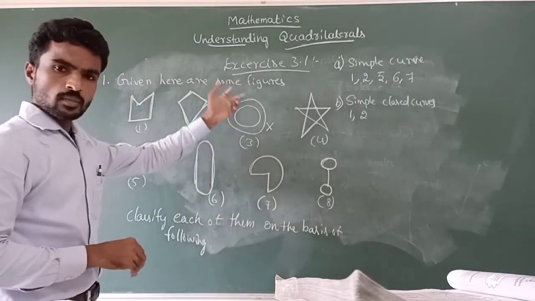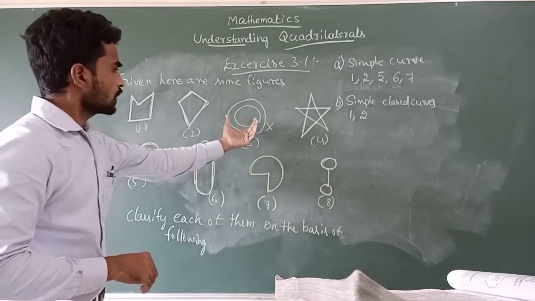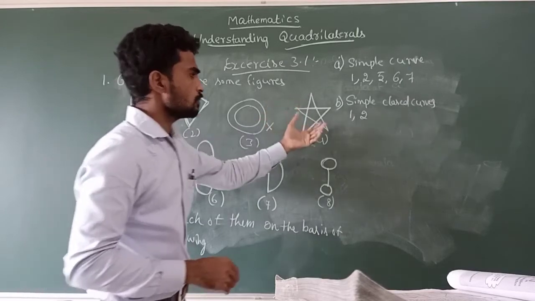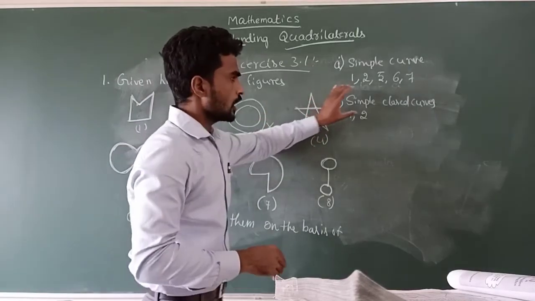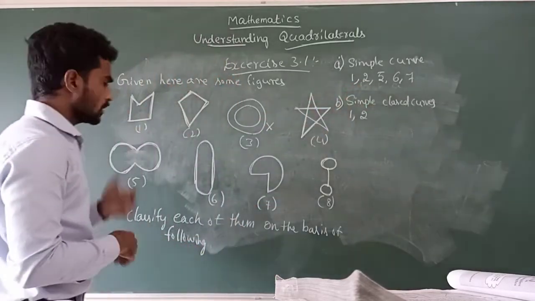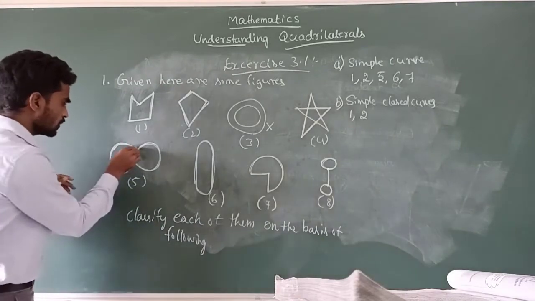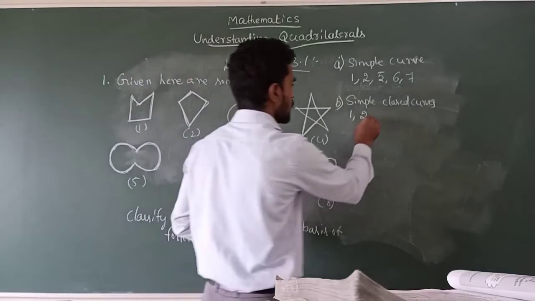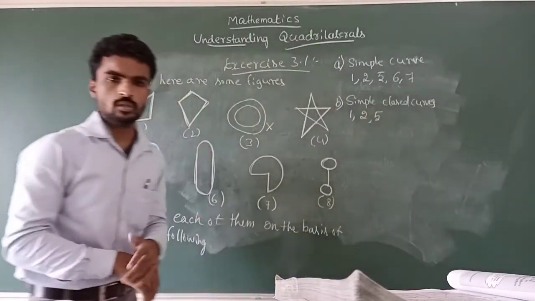But it is not a simple curve, then it is also not a simple closed curve. Here this is also not a simple curve, then it is also not a simple closed curve. Now here also there is no open region, then this is also an example for simple closed curve.